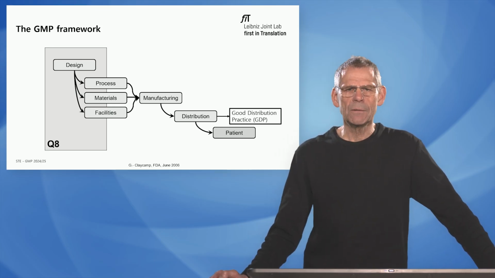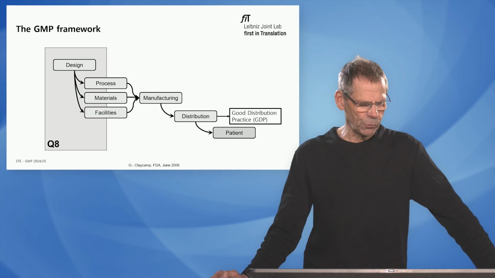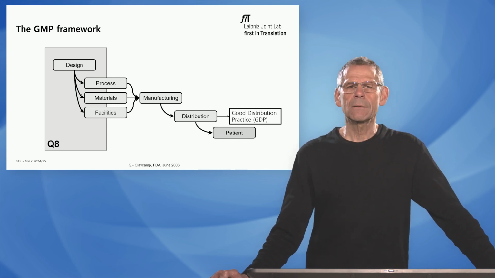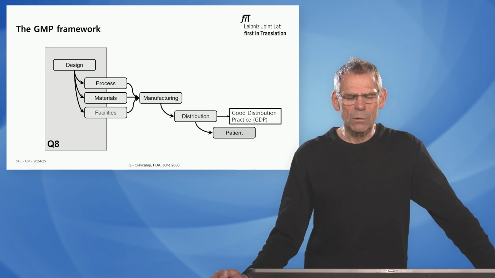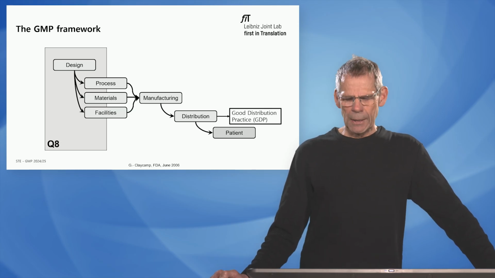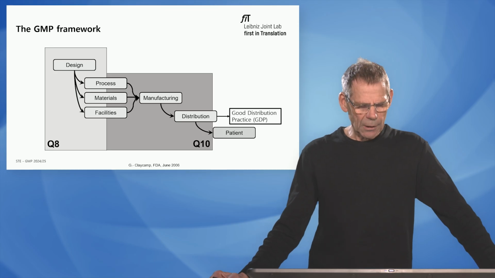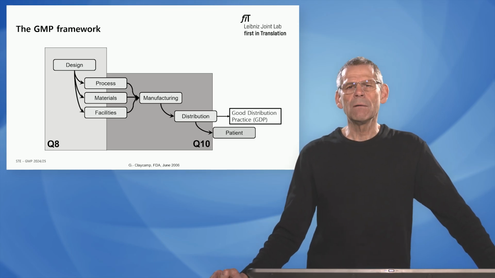And that is covered by the ICH Q8 R2 guideline, which talks about the product manufacturing for the intended use. We have then the Q10, which is talking about the manufacturing until the distribution.